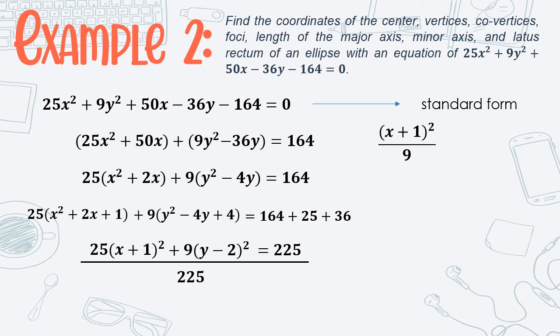For the next one, we have 9 times (y minus 2) squared all over 225, that is (y minus 2) squared over 25, because 9 over 225 is 1 over 25. Then at our right-hand side of the equation, we have 225 divided by 225, that is equal to 1. So now we have the standard form of equation for the ellipse.